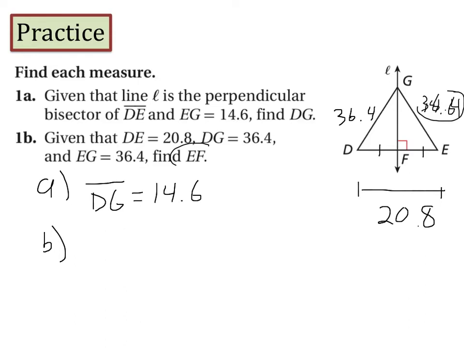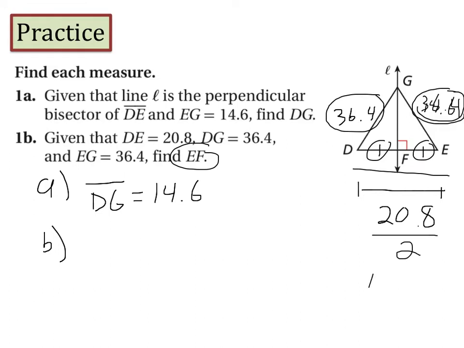It's asking us to find the length of EF. Well, if these two segments are congruent, then this has to be a perpendicular bisector. And if these two are both the same, then we basically have to just take the entire length of DE and divide it by 2. And we're left with 10.4. So that is the length of EF.